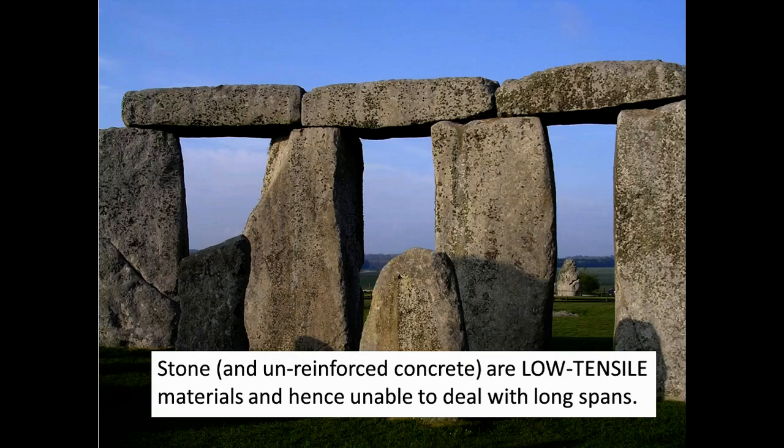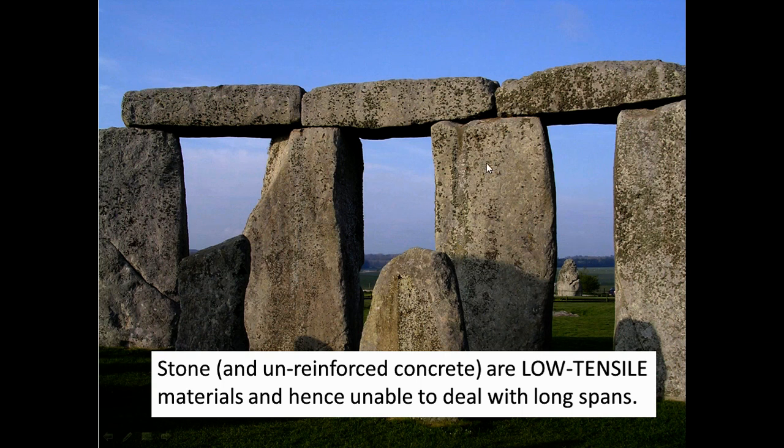Let's look at beams. Now, we've already mentioned this when we were looking at stone columns, that any kind of stone construction, whether it be piling stones to make load-bearing walls, whether it be carving stones to make columns, whether it be placing stones across from one column to another, stone is what's known as a low tensile material, as is brick, as is unreinforced concrete.